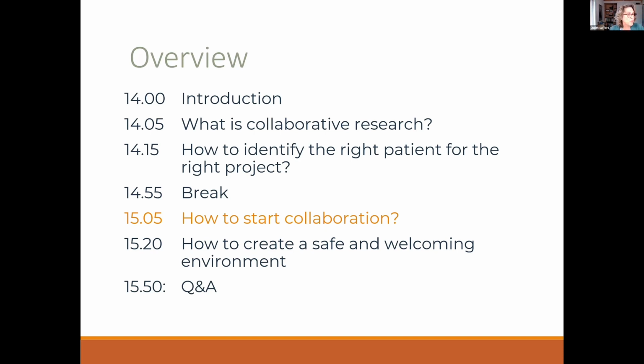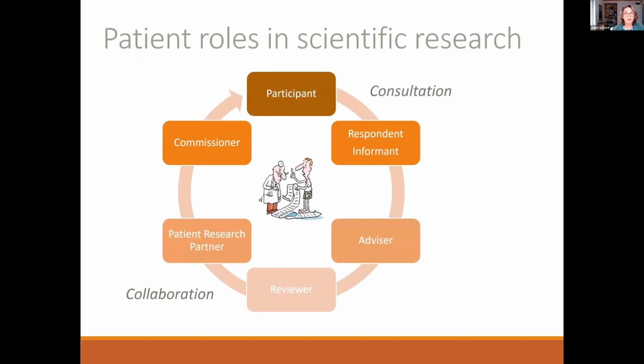So before the break, we looked at the different roles for patients in scientific research. As you remember, we had the participant that's just in the study, then the different forms of consultation, a respondent, an advisor, and then moving towards collaboration, a reviewer, and a patient research partner. If you want to involve patients, the idea is to take the different roles that you have available to you and match them with your needs in the research project.